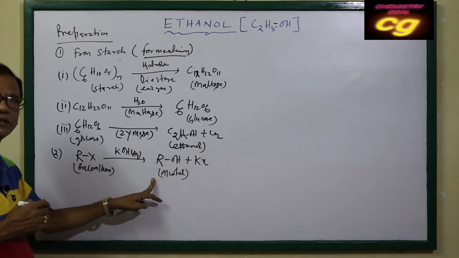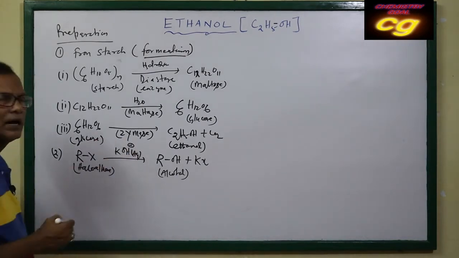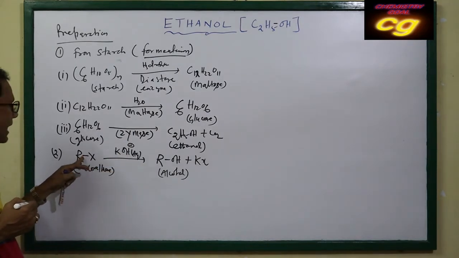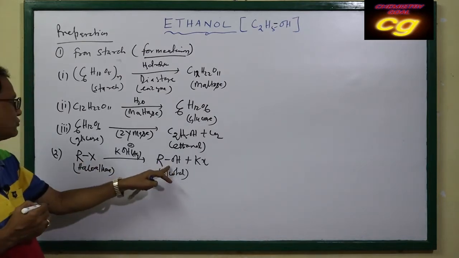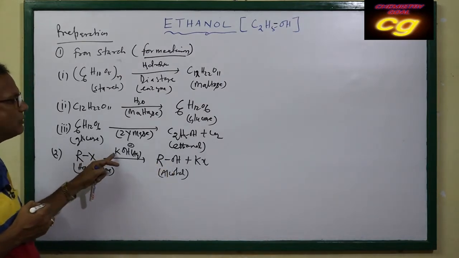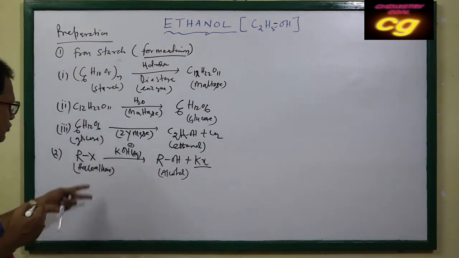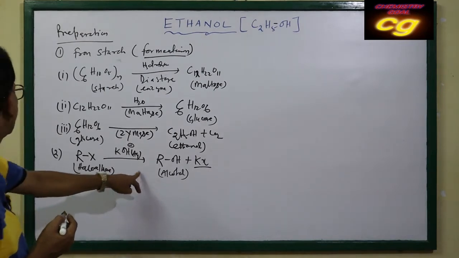Already you have read the types of organic reactions. Here OH minus as a reagent is substituted in R by replacing X. So ROH is produced, and X combines with K, producing KX. So this method is also one preparation of alcohol.